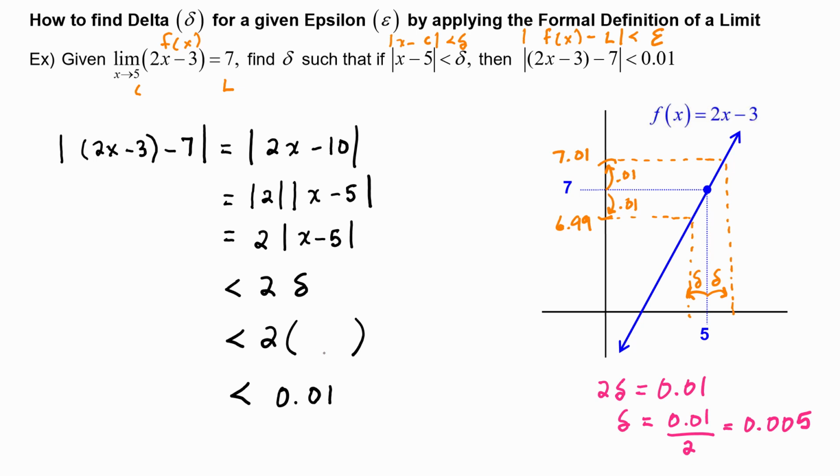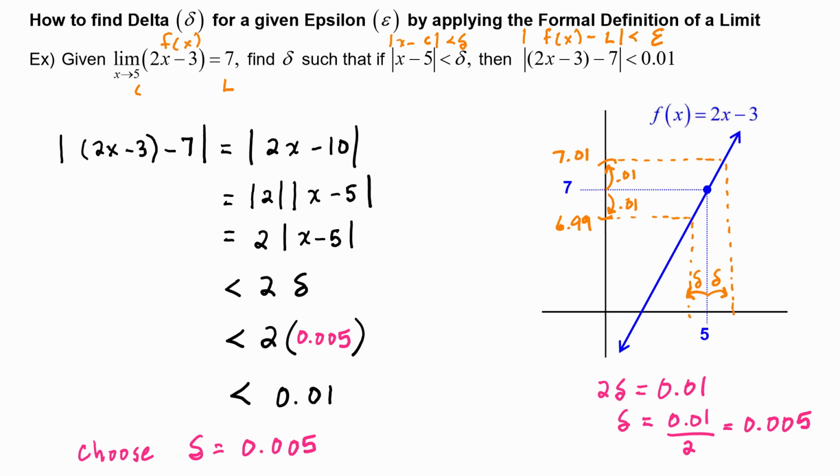So at this point right here, if we were to put in 0.005 for delta, then we would be guaranteed that the absolute value of quantity 2x minus 3 minus 7 will work out to be less than 0.01. So because that algebra worked out, we would choose delta to be 0.005.